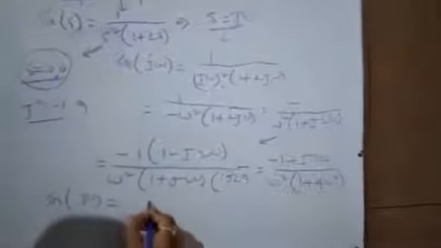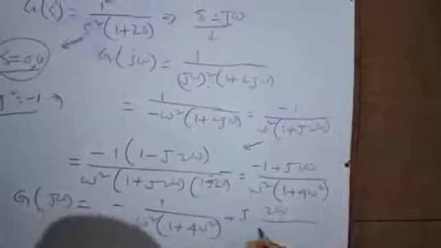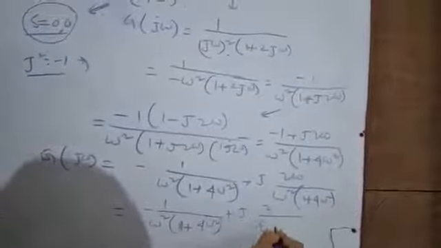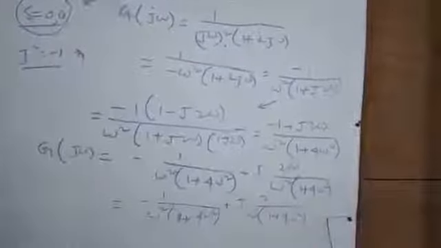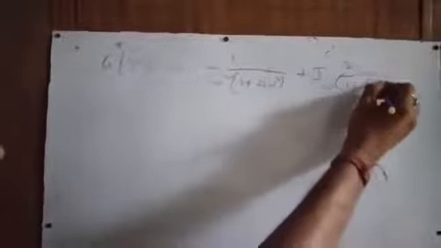You separate out the real and imaginary parts to get minus of 1 by omega square (1 plus 4 omega square) plus j of 2 omega by omega square (1 plus 4 omega square). After simplification, you may write it as minus 1 by omega square (1 plus 4 omega square) plus j of 2 by omega (1 plus 4 omega square). Now this is our G(j omega).